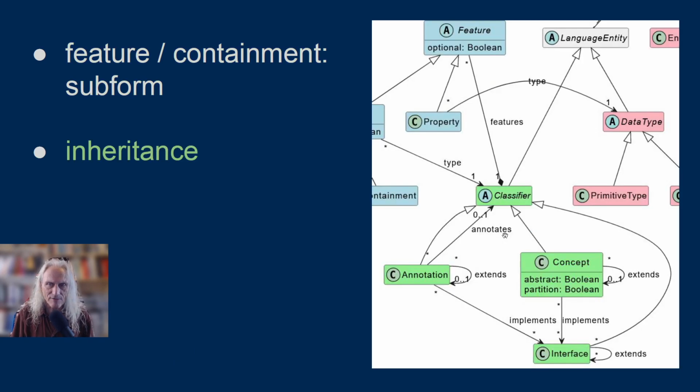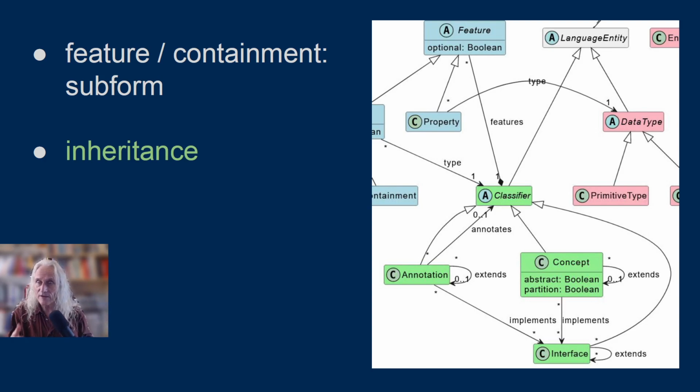With inheritance, for instance, a classifier can be a concept, an interface, or an annotation. Then you want to show a subform of a concept when it is a concept. But when it is an interface, you want to show the subform of an interface. In order to get that, I made a switch in the parent form, in the classifier, to say, is this classifier a concept, an interface, or an annotation?